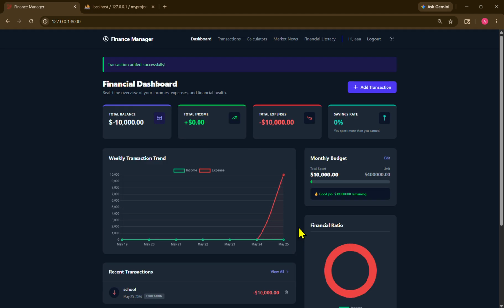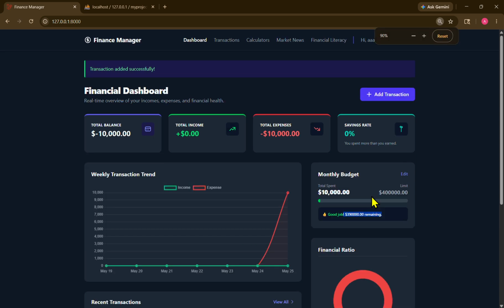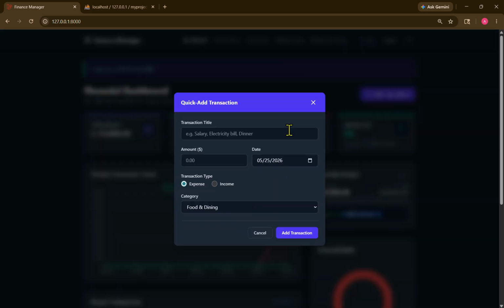Now what we can see here is our total balance. There is no total income because we have not earned anything, and the amount spent on school fee will be deducted from the monthly budget. Now suppose we earn something. We can add one more transaction, and suppose we earned about $20,000.